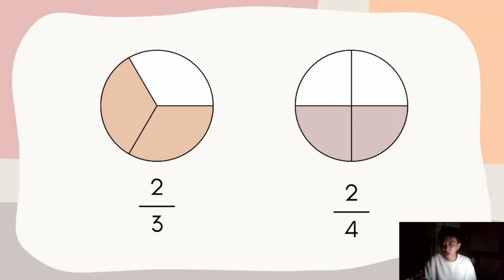This is a visual representation of a circular pie chart. A proper fraction will always represent less than a full circle. These are 2/3 and 2/4. The numerator is always smaller than the denominator, so when divided, the result is always less than 1, and they represent a part of a whole, not the whole or more than the whole.